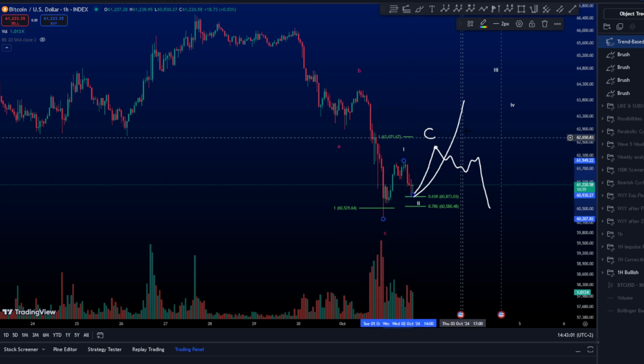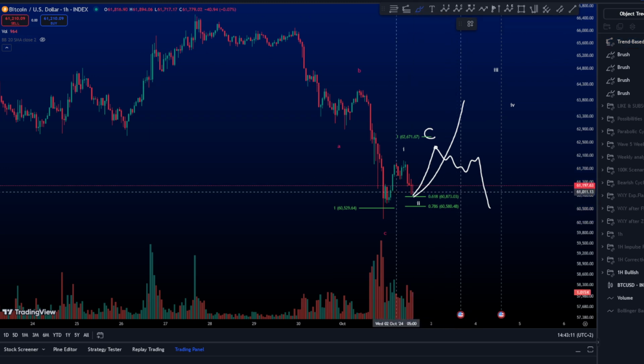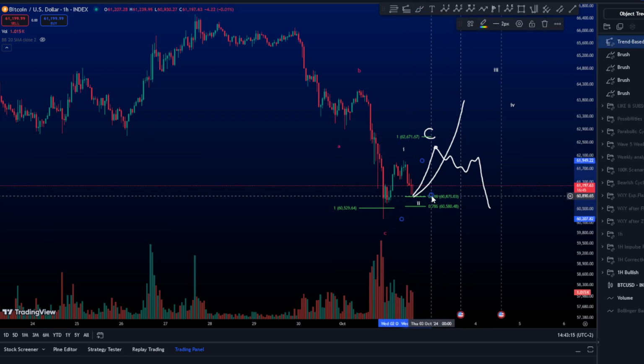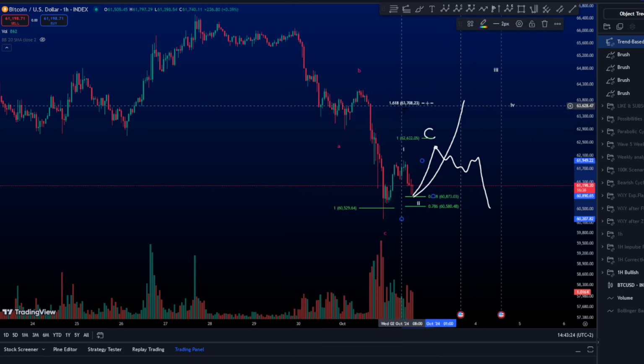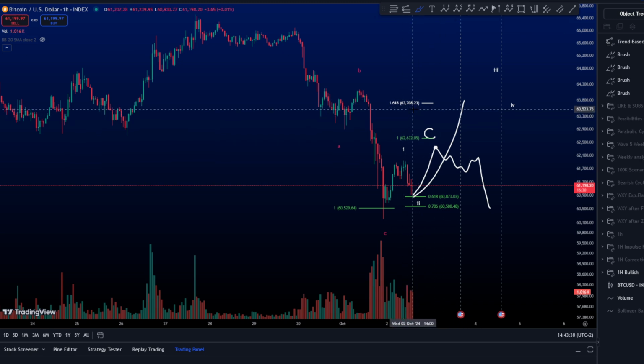So let's take some fib levels. Here is your wave C, which is 1-to-1 taken from the start, and the wave 2 at 62,670. Of course, in case we don't see lower prices, this fib level might change with the price when it goes down. Now, if you are looking for a wave 3, you want to see the 1.618 being hit by a wave 3 here at 63,700.